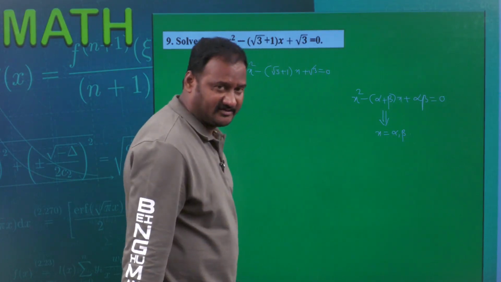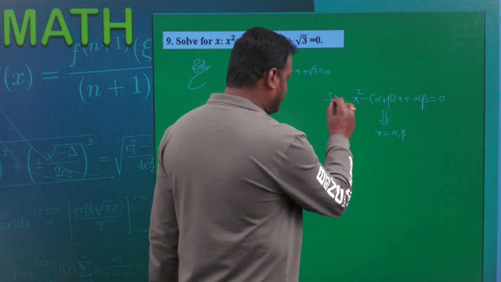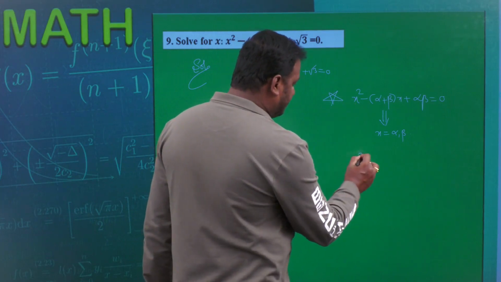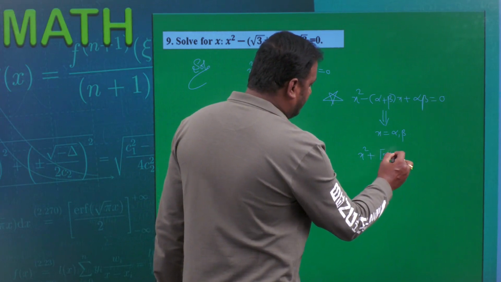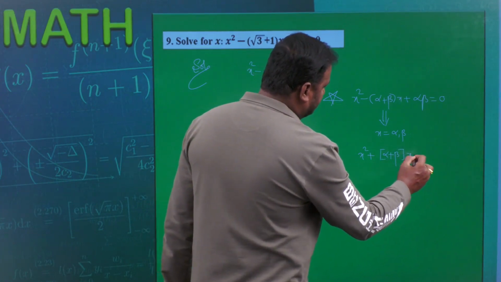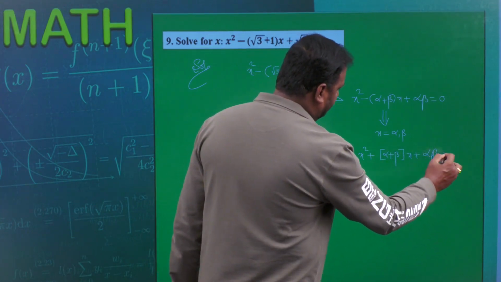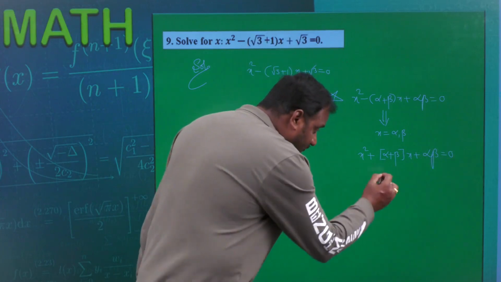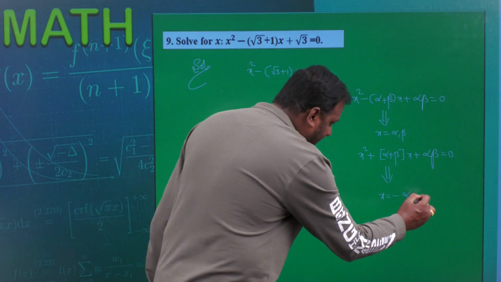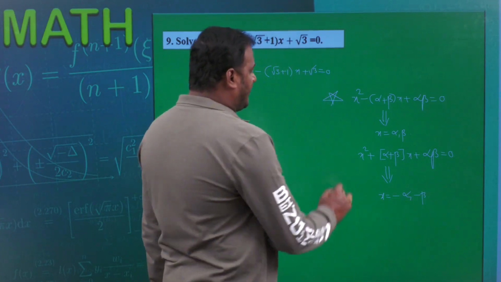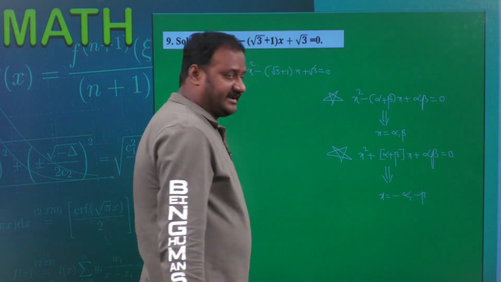We already discussed this. This is the first one. And the second one: if your quadratic equation is x square plus (alpha plus beta) times x plus alpha beta is equal to 0, then the roots are minus alpha comma minus beta. This is the second type.